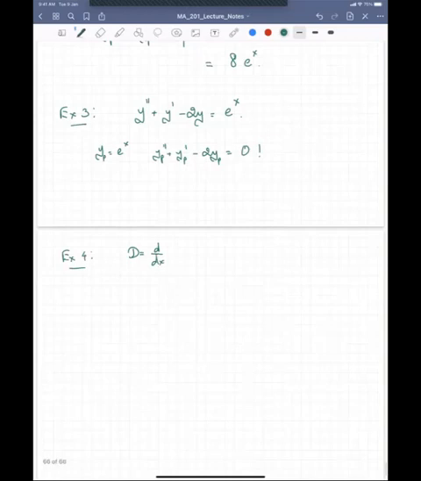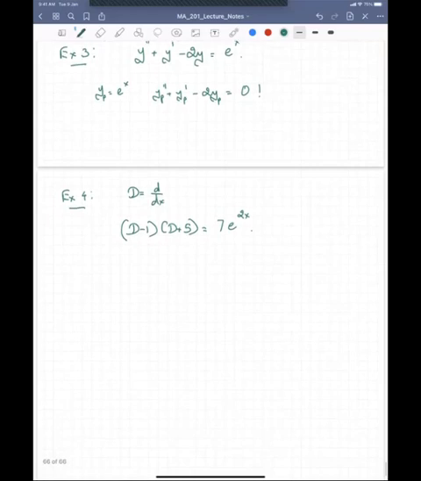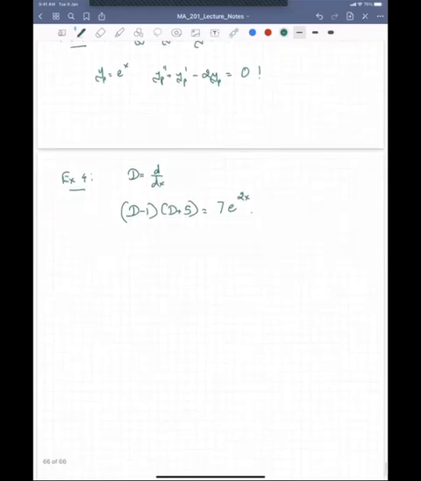Let us look at the equation (D minus 1)(D plus 5) y equals 7 e to the 2x. So we will solve example 3, and then I will also give you the solution for example 4, and then we will contrast and see what the difference between these two cases is.